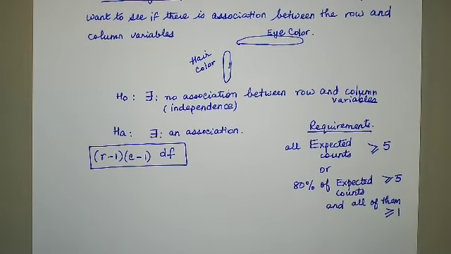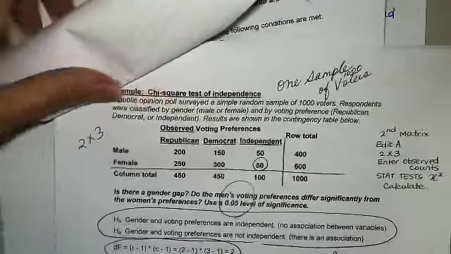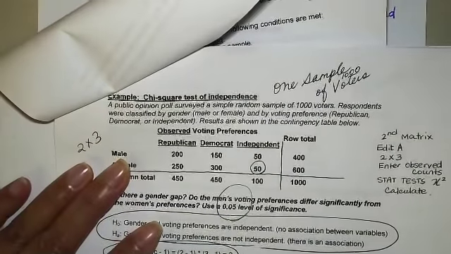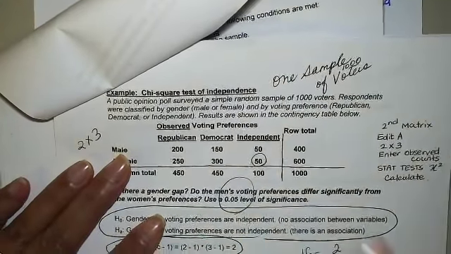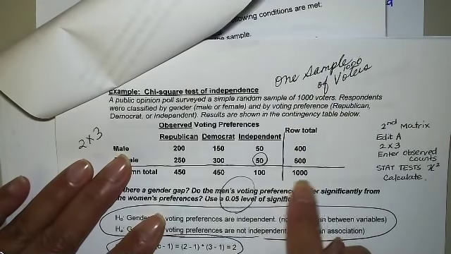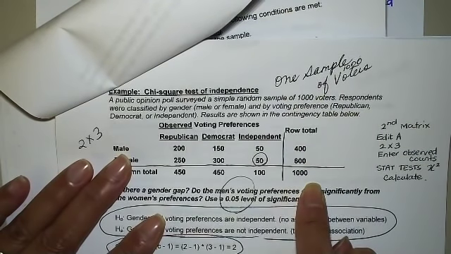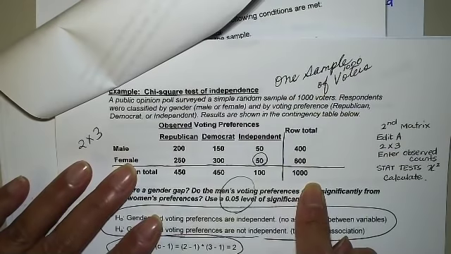So let's say I have on page 9 a problem that I would like to do. It says a public opinion poll surveyed a simple random sample of 1,000 voters. So this total right here is 1,000.